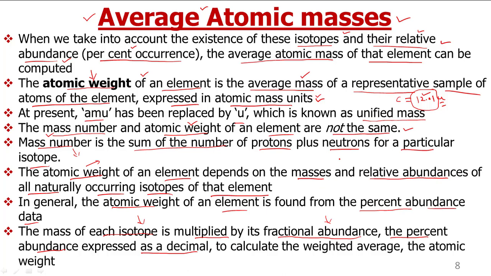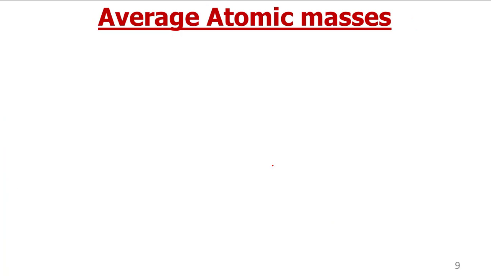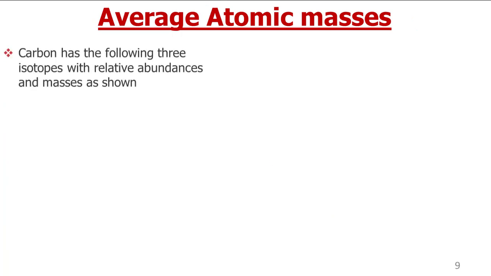Suppose some isotope has 10% relative abundance, then its fractional abundance will be 10 divided by 100, which is 0.10. So this is the percent abundance, and this is the fractional abundance. With the help of these, we calculate the average mass of the atom. Let us see how to calculate the average atomic mass from this data.